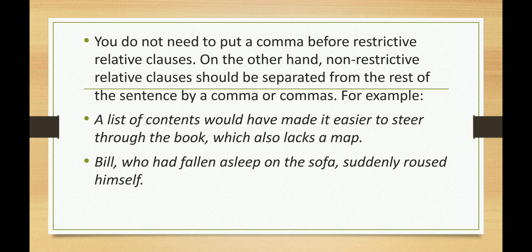On the other hand, non-restrictive relative clauses should be separated from the rest of the sentence by commas. For example: a list of contents would have made it easier to steer through the book, which also lacks a map. Then: Bill, who had fallen asleep on the sofa, suddenly rose to his feet.